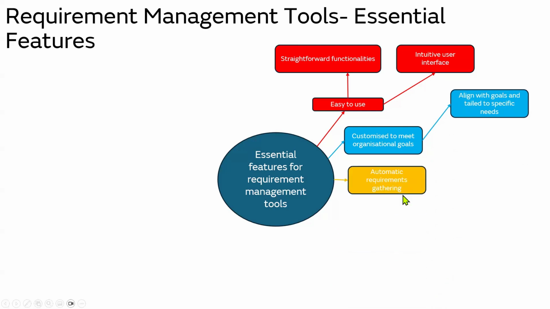And then again, they should have some mechanism to automate requirement gathering, because you want to improve efficiency and reduce manual work. Which means you can save time. You can also reduce human error, because what we have seen is that when you use a certain tool and humans keep adding their inputs, you may be subject to human error. So we need to have some mechanism to automate some aspects.